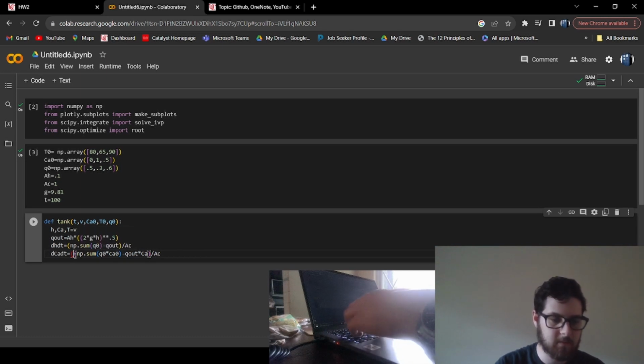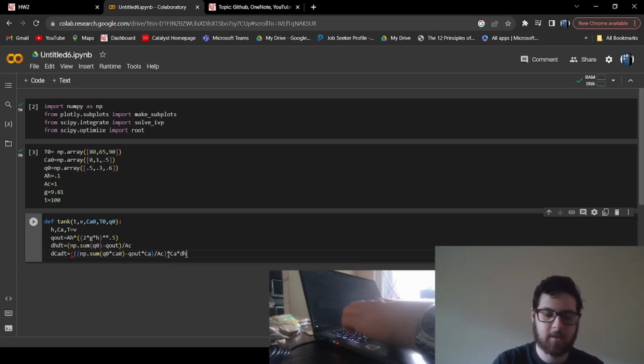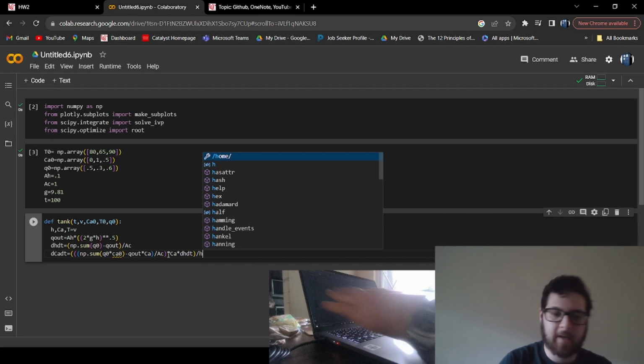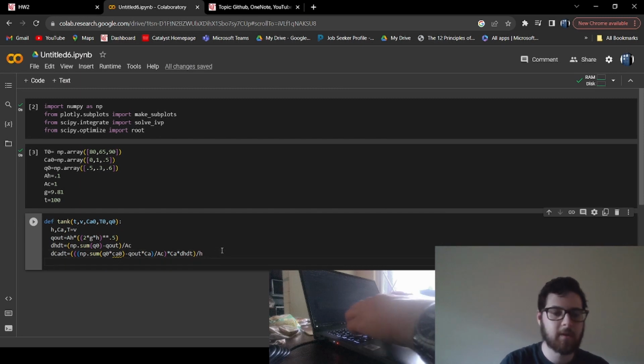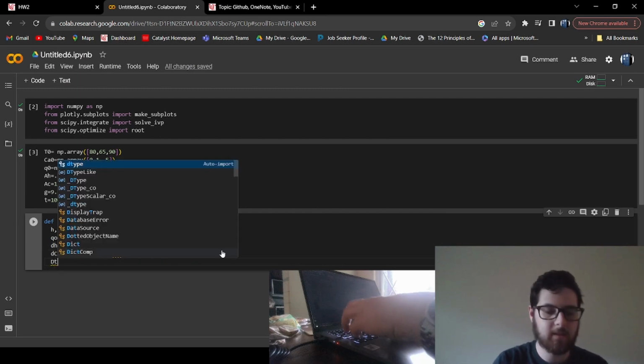This is supposed to be over cross-sectional area first, then times CA, the concentration times the change in height, and then all divided by H. I algebraed that out in the last one. I believe that's right now. Yep, that looks better.